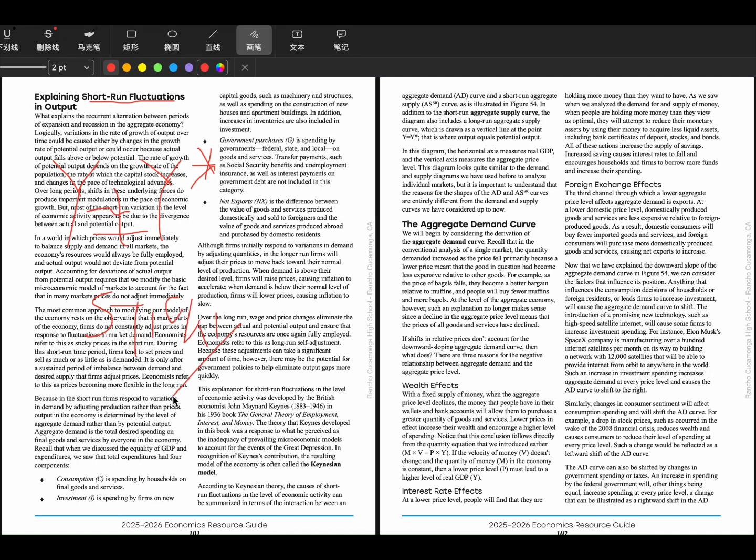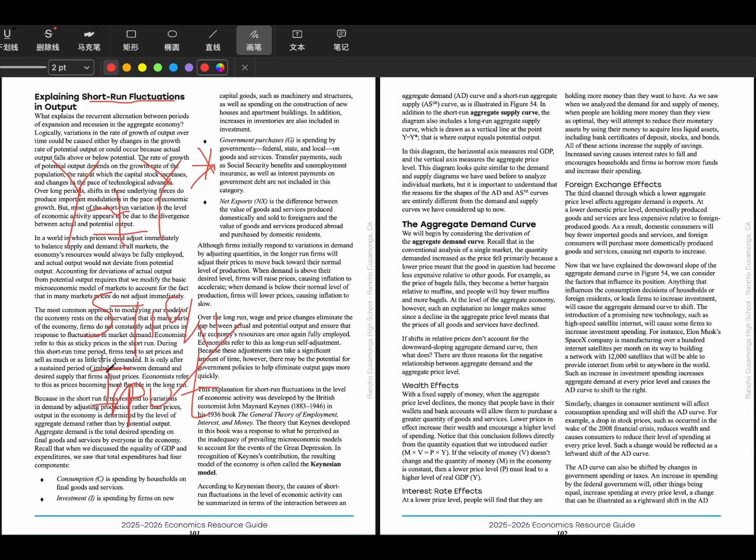Prices are sticky. It's hard to change prices in a very short period of time because there are literally price stickers on there that you can't take off in the very short term. It's also hard to adjust to the economy constantly. There's always a lagging period in which you have to change the price, and there's also an issue with output, of which the amount of input to produce the output cannot be adjusted instantly.